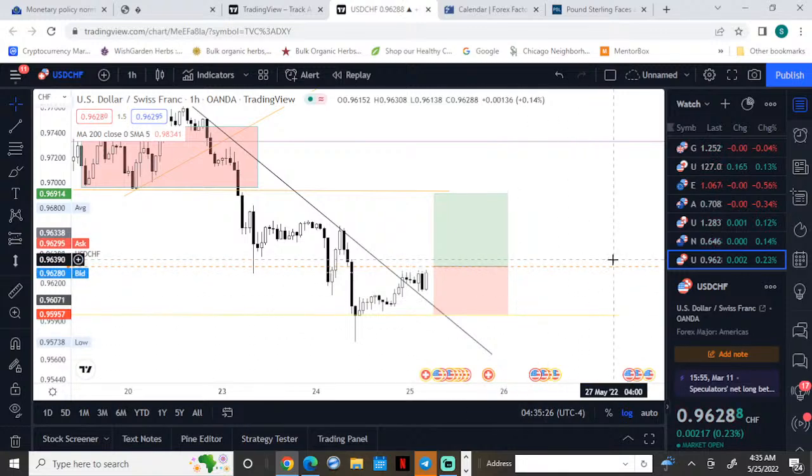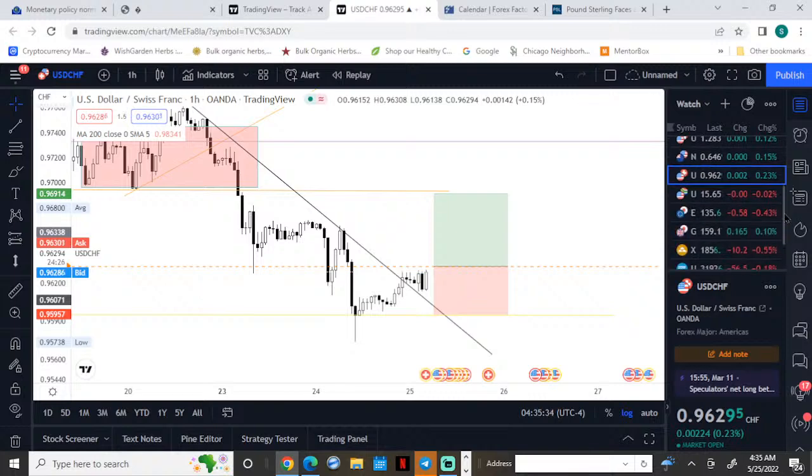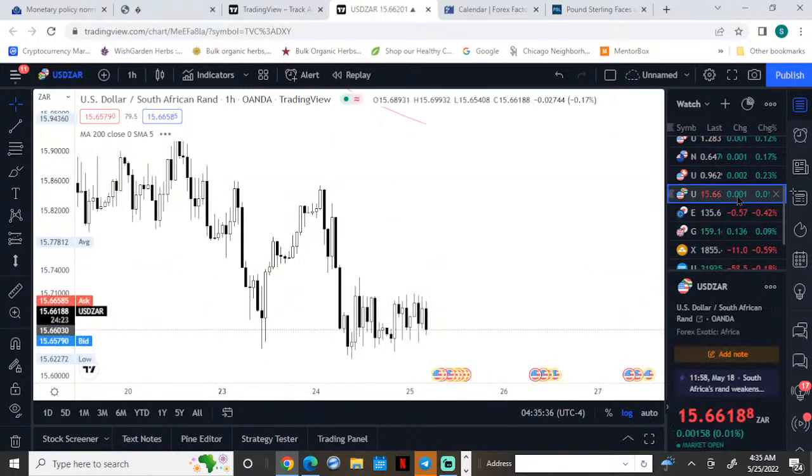This dotted line here tells me that my alert is set. All right.